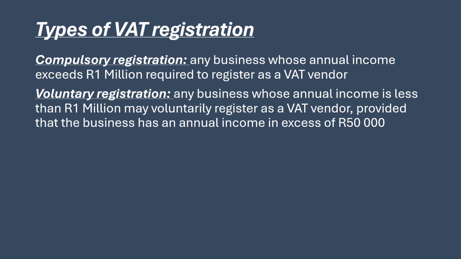But if you're making more than 1 million, then you're supposed to register as a VAT vendor. If you're making less than that, you can volunteer to be a VAT vendor.